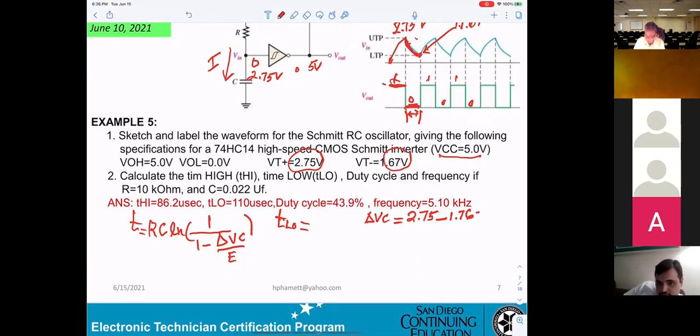Okay. No, get rid of the 1.76 and change it to 1.67. Okay. And that gives you an answer of 1.08. Okay, then you need to know E.